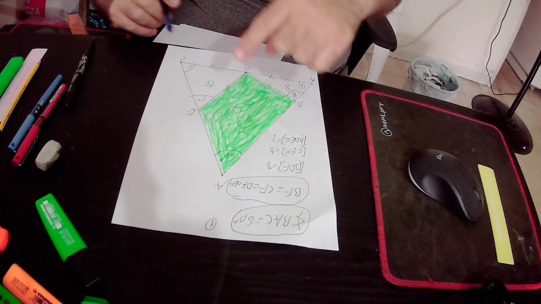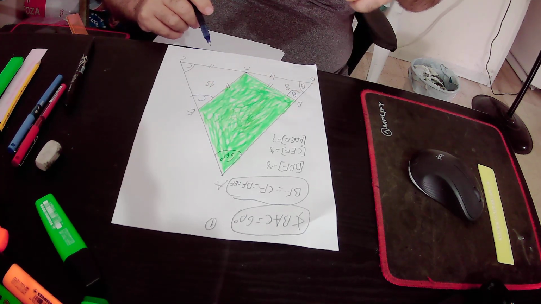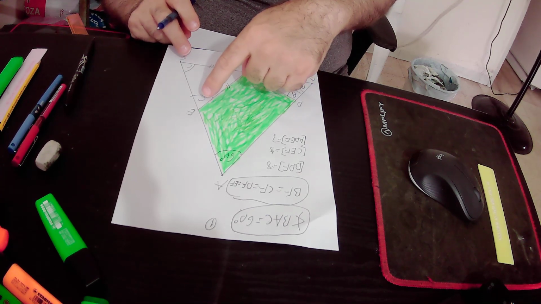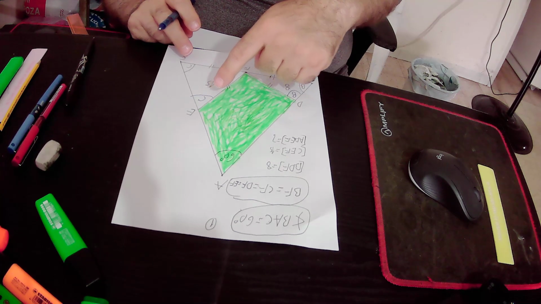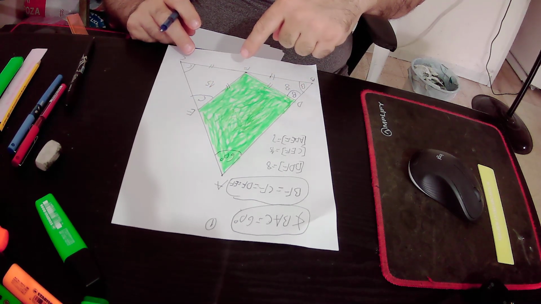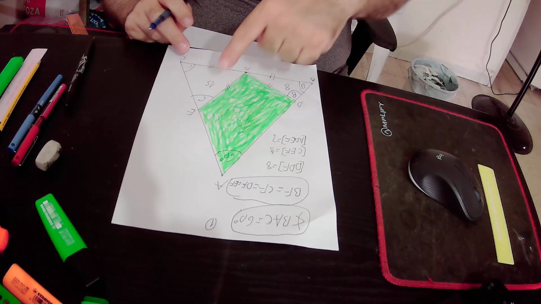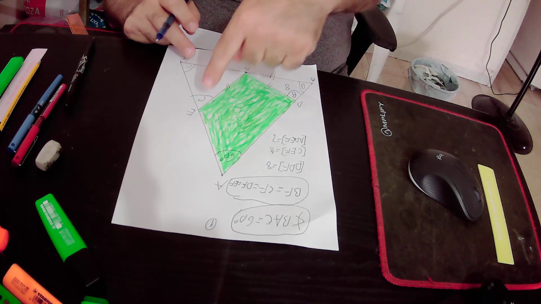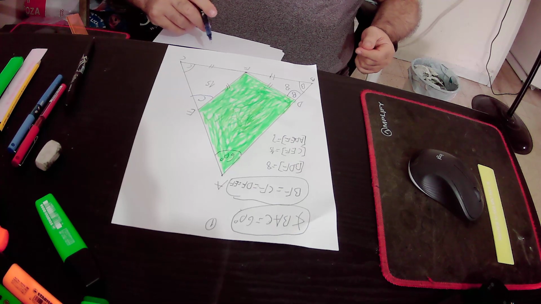We know that FC equals FE in triangle EFC, therefore those two angles located in front of equal sides must be equal to each other. Therefore, if this angle is C, this angle must also be equal to C. Okay?